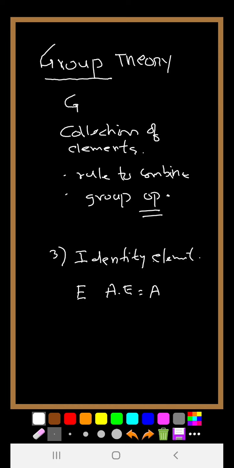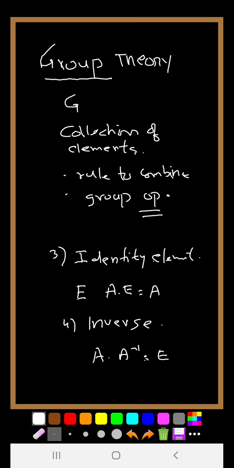So it's called the identity element. It's the third property. And the last property is the existence of an inverse for each and every element. So if A is an element, then there has to be an A inverse, so that on group operation with that inverse you get the identity element.